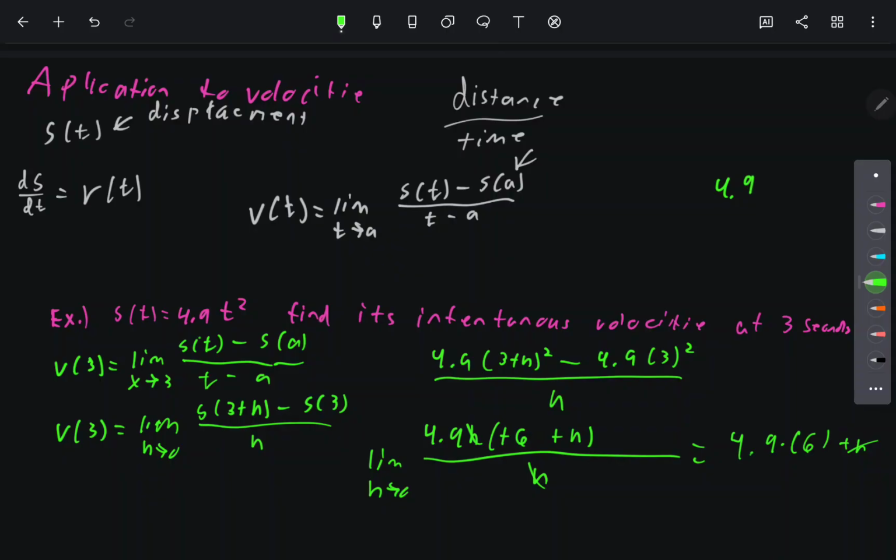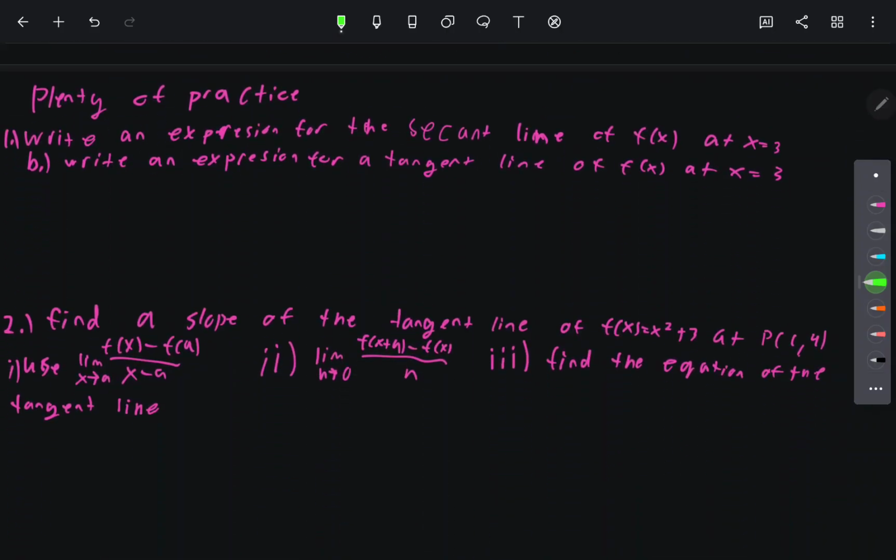We have 4.9 times 6. 6 times 9 is 54, I believe, and 6 times 4 is 24, so we get 29.4 as our answer. So our velocity at time 3 is 29.4 meters per second, because it's displacement over time. It could also be feet per second, theoretically.